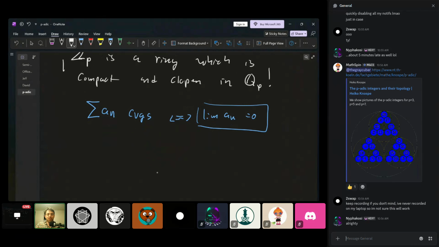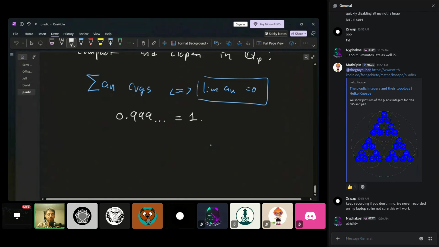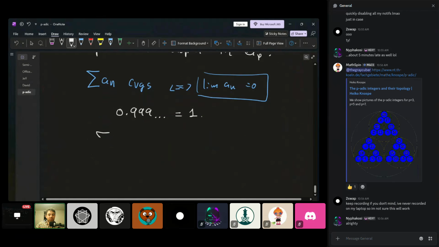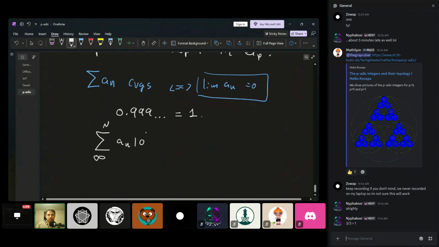Another beautiful fact I love about this: we've all encountered crackpots, generally people being confused about the fact that 0.9 repeating is equal to 1, right? In the real numbers we have this base 10 expansion, but it's not unique.